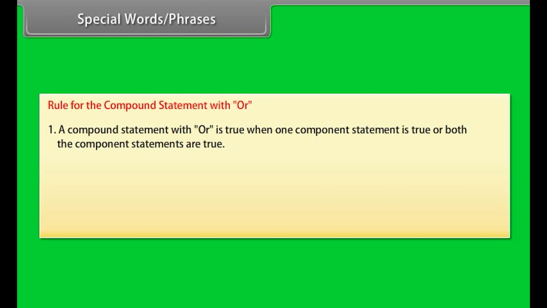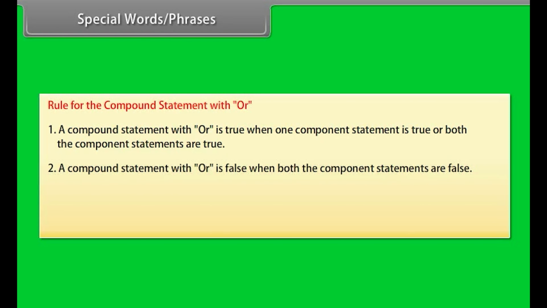1. A compound statement with or is true when one component statement is true or both the component statements are true. 2. A compound statement with or is false when both the component statements are false.